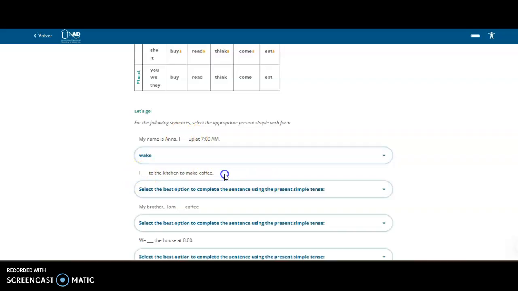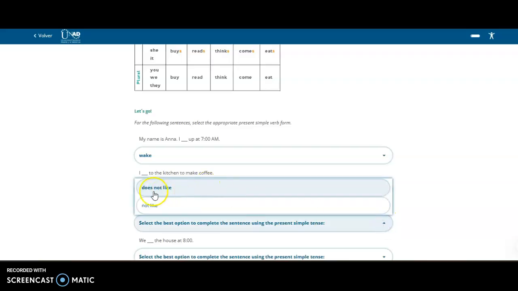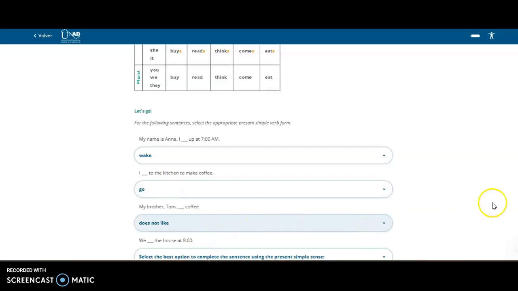Again with I, we use go. I go. My brother, okay, we are going to talk about my brother, Tom, but it is a negative form. In that place, we need doesn't like.